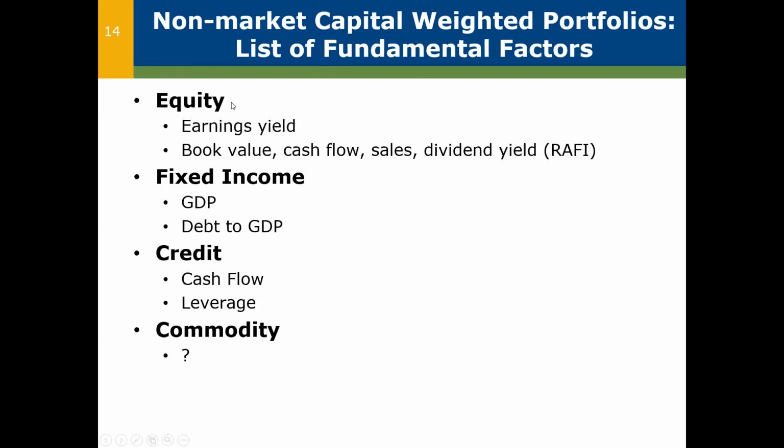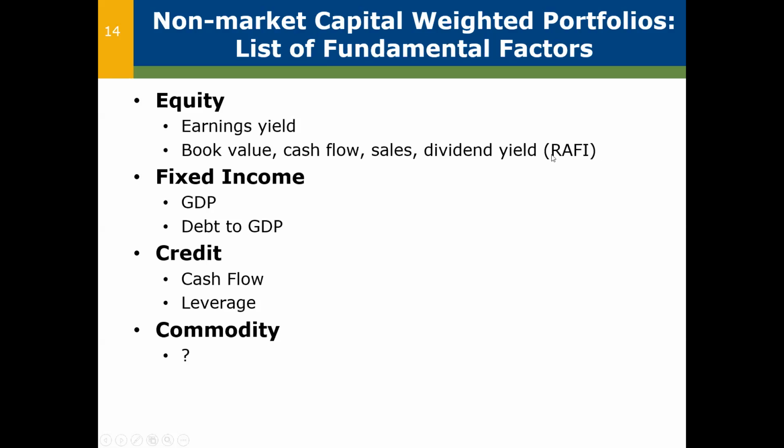With equity, you could use earnings yield, book value, cash flow, sales, dividend yield. And in fact, these last four are put into a combination and run as an investment program by, I think it's Research Affiliates.